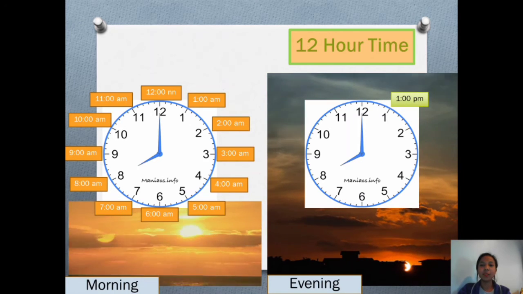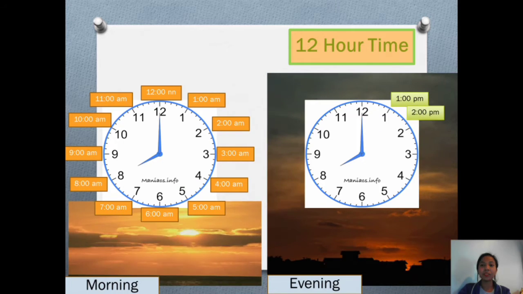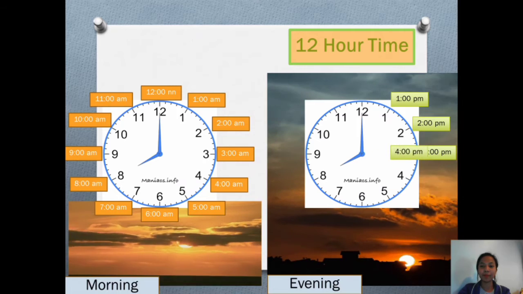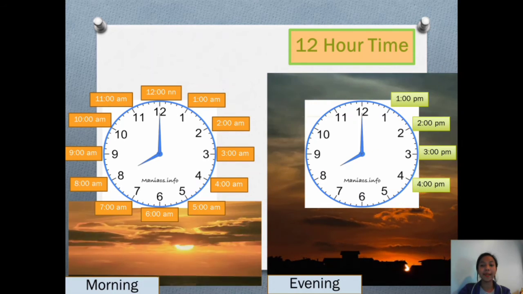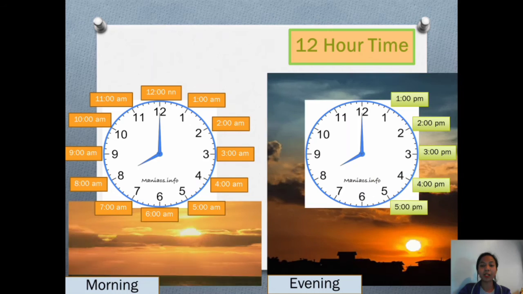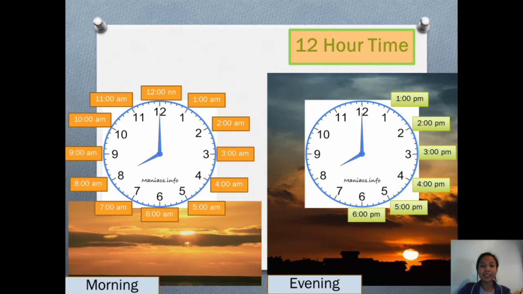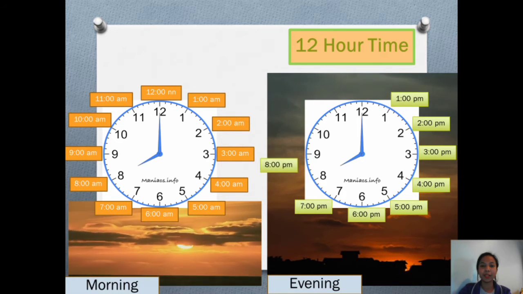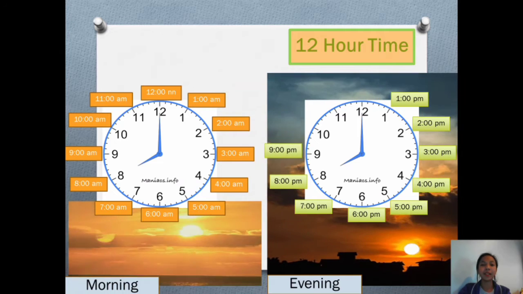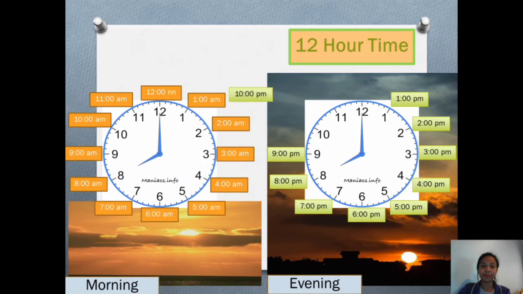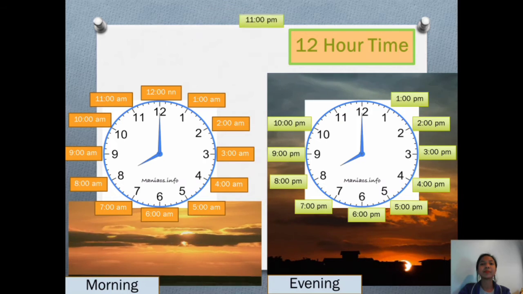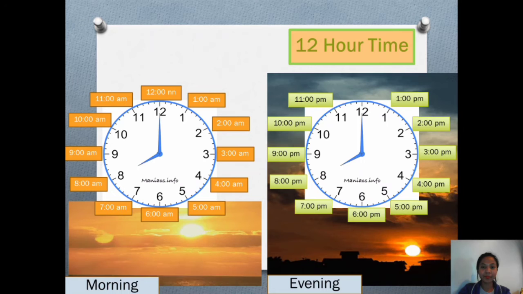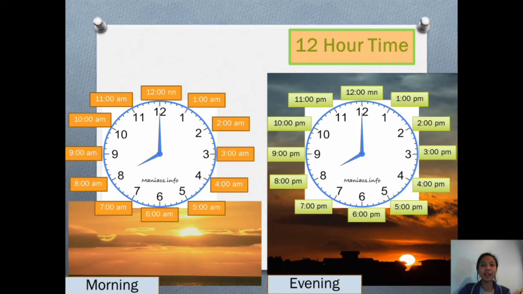So, 1 o'clock p.m., 2 o'clock p.m., 3, 4, 5, 6, 7, 8, 9, 10 o'clock p.m., and then we have here 11 o'clock p.m. And then it's the middle of the night.